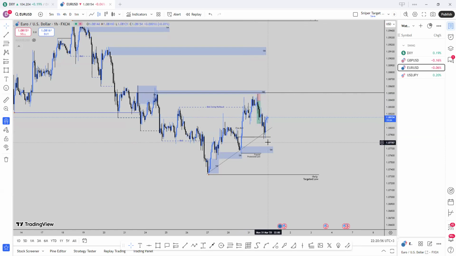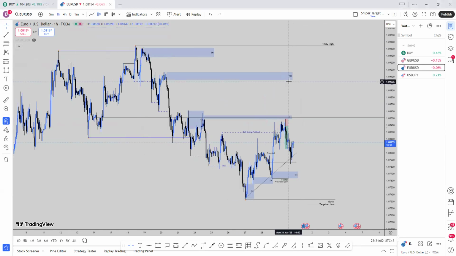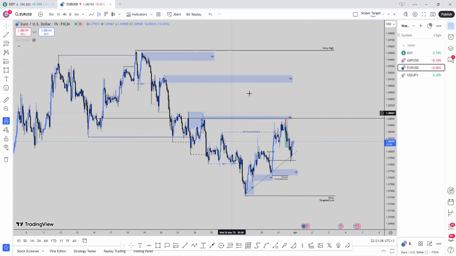We need to put in a higher low and then continue in that fashion until we come into the premium prices of the swing range.